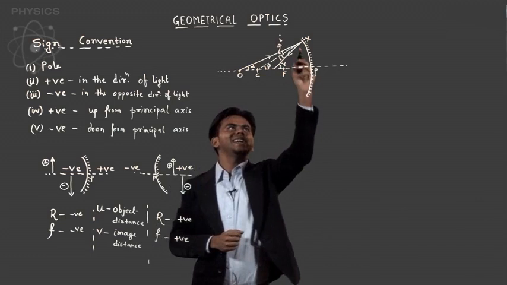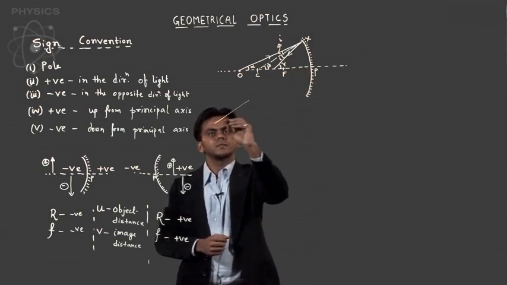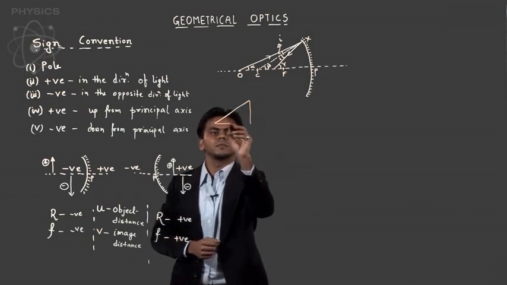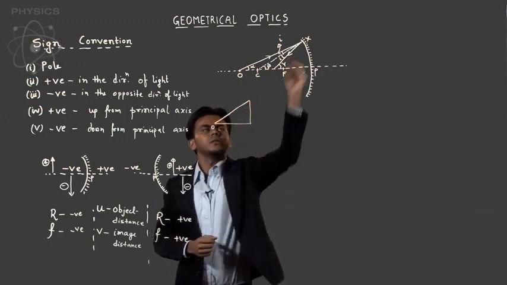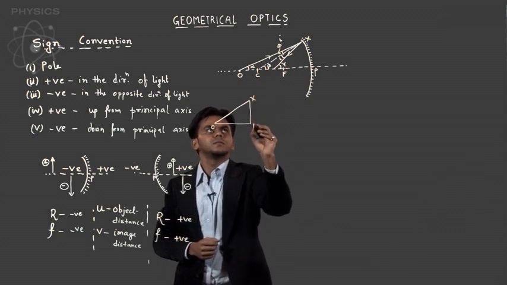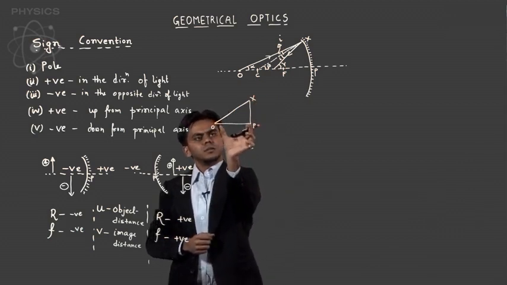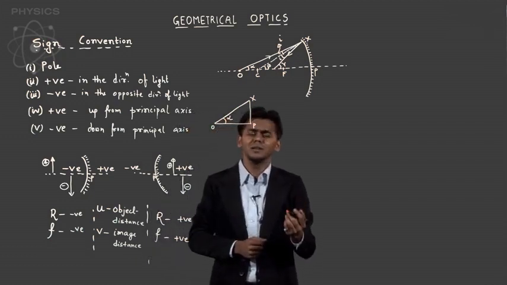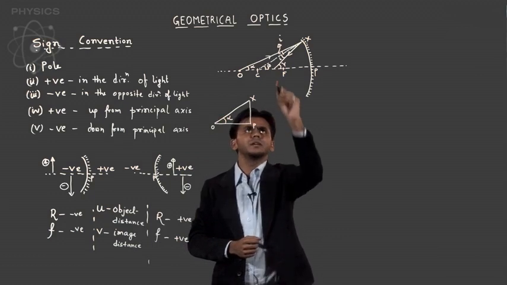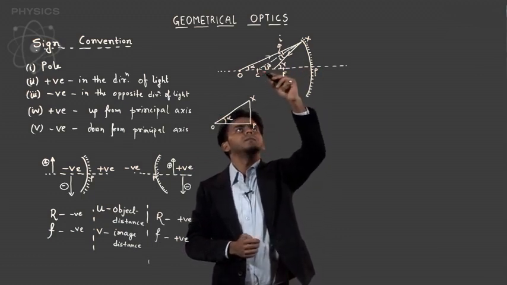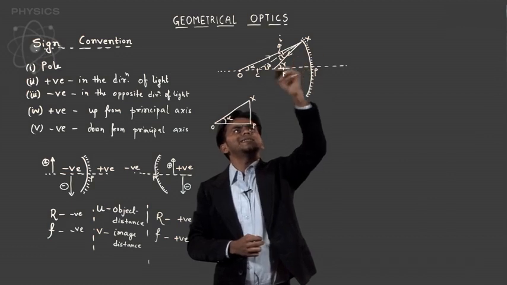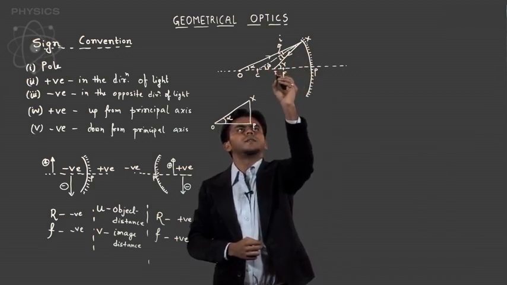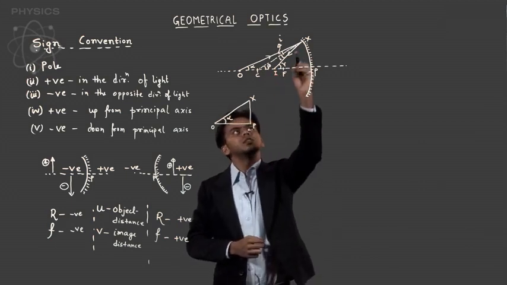First, the triangle OXP. This is your O. This is X. This is P. This angle is your alpha. Similarly, I can also make the triangle XCI, where I denotes image.